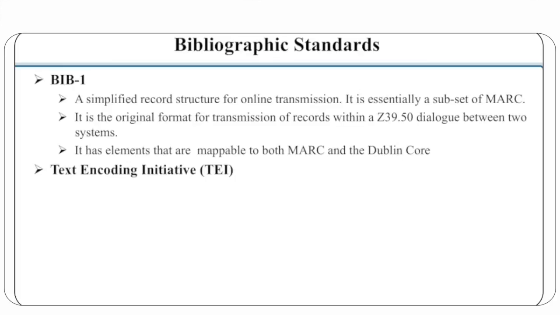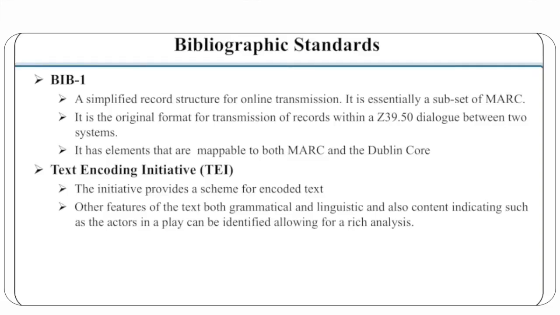Text Encoding Initiative (TEI) provides a scheme for encoded text so that parts of it, such as the start and end of lines, paragraphs, pages, chapters, acts, and so on, can be marked to enable such further processing to produce accurate indexes for searching.